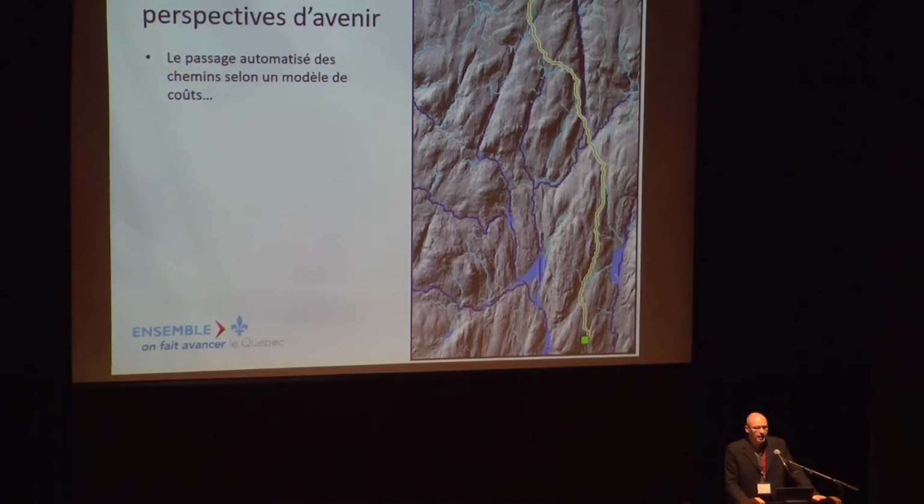Other works that are being presently done, you're going to have a presentation about this, the automated passage on the roads pertaining to a model of costs. Now, this is very important for me because with sustainable development, we have the department that sometimes tends to forget it, but environmental, wildlife, and economic.